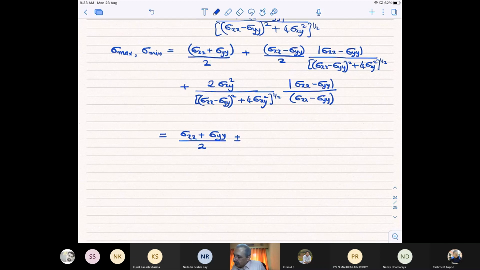And then if you see this, this will be sigma xx minus sigma yy whole squared, and this is 2xy, I'm sorry, 2xy whole squared, and if you take the half out, then this term will be the same as that in the brackets, and so when you take the square root of it, I think I'll leave it for you to really work this out.